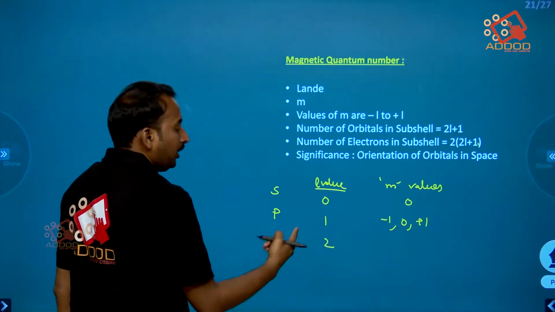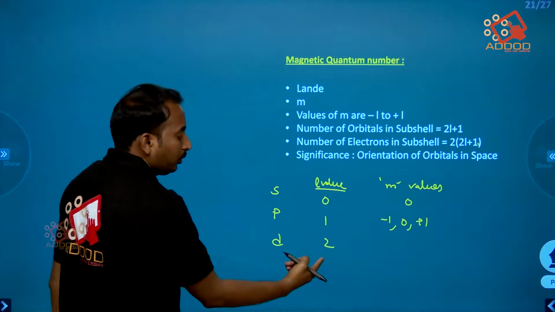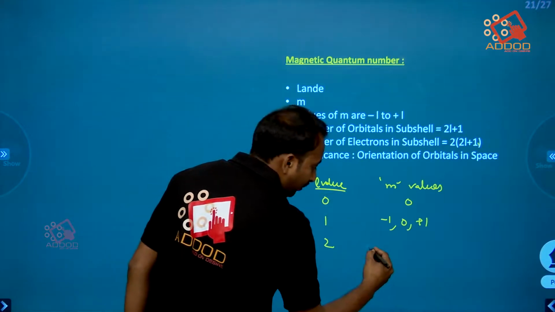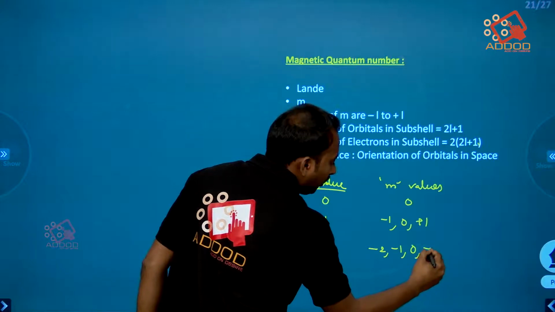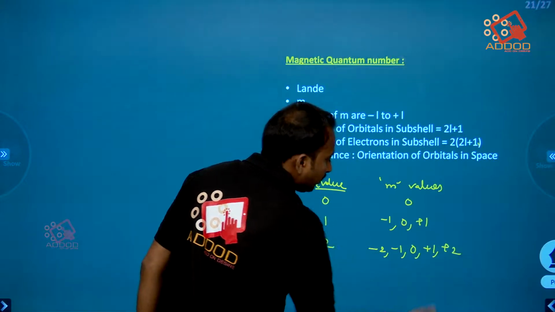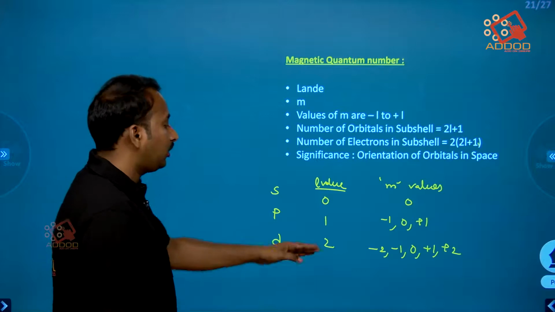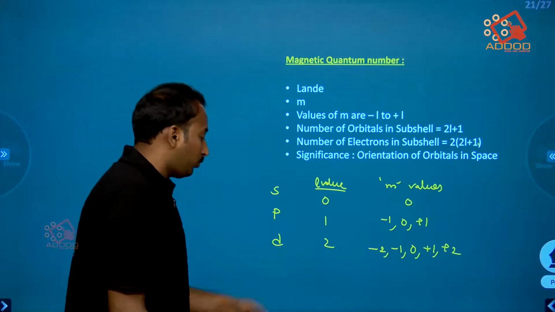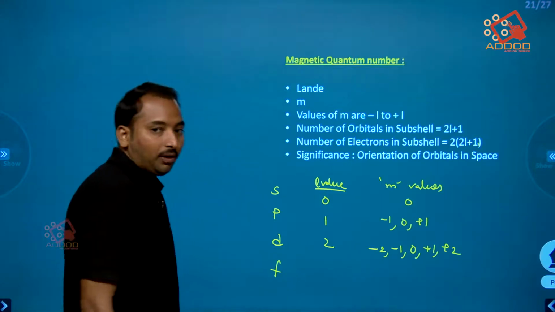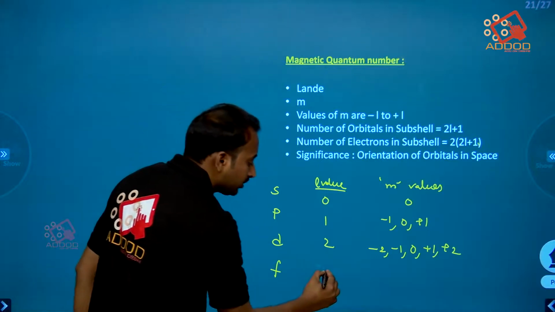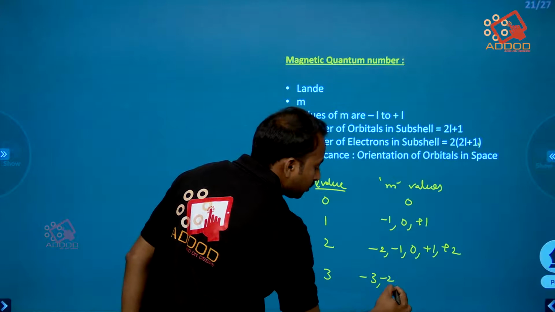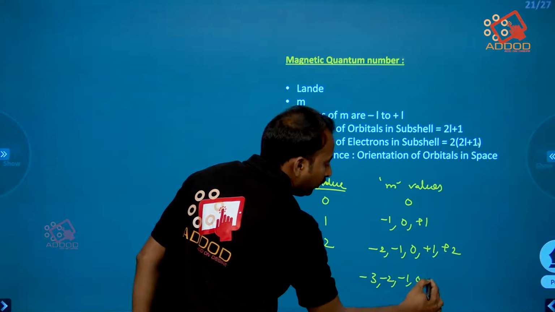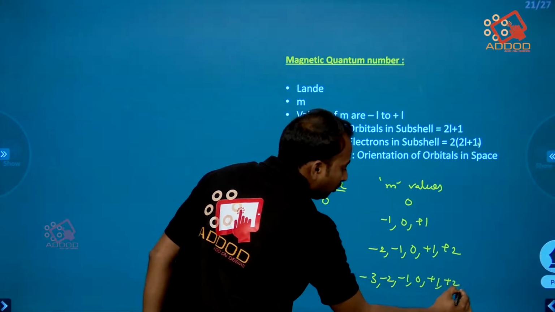And next, d, l value is equal to 2. What are the m values? Minus 2, minus 1, 0, plus 1, plus 2. So these are the m values. For the f orbital, l value is 3, and m values are minus 3, minus 2, minus 1, 0, plus 1, plus 2, plus 3.